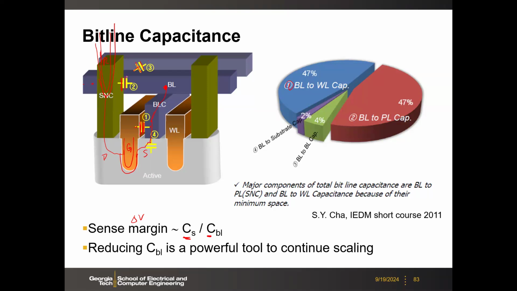So it's the Bitline to the storage node capacitance. Okay. So we have to reduce this capacitance if you want to maintain the sense margin. Of course, we want to increase the CS or at least maintain the CS. Then if we can reduce the CBL, that will help.